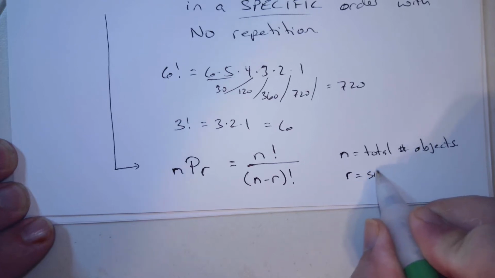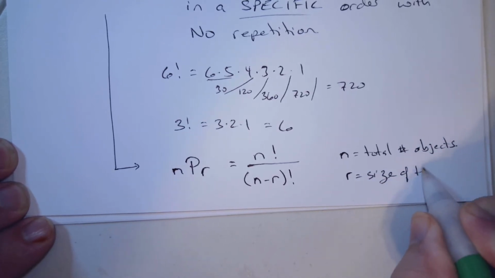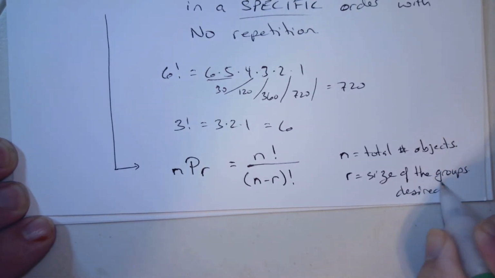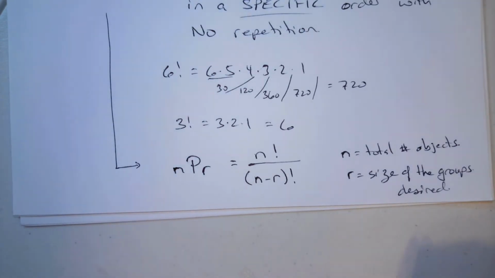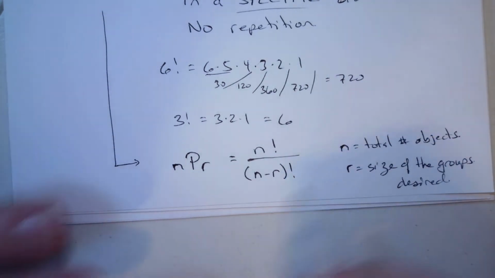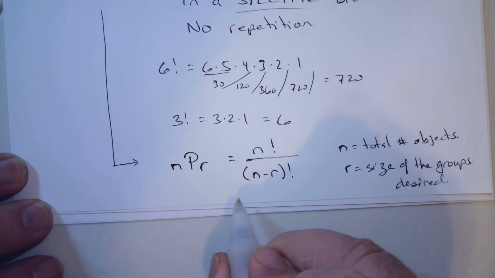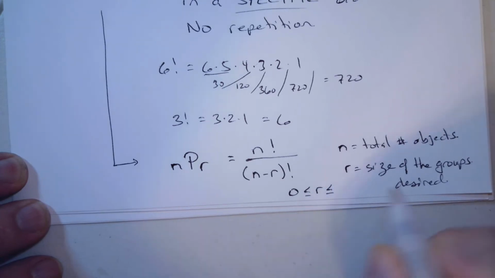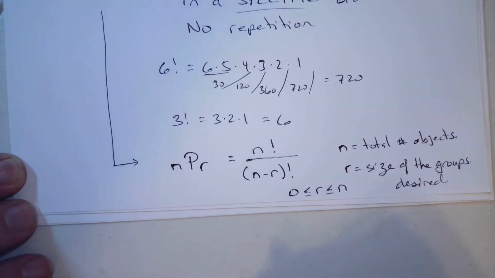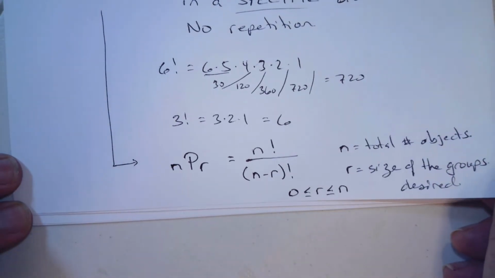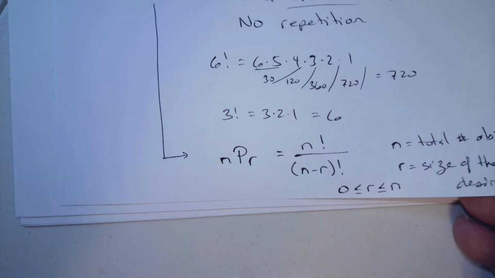R is the size of the groups desired. Let me explain what that means. Okay, so that's n and r. Also, r has to be between 0 and n. R always has to be less than or equal to n, but you can't have negative numbers, because we're talking about objects. You cannot have a negative object.